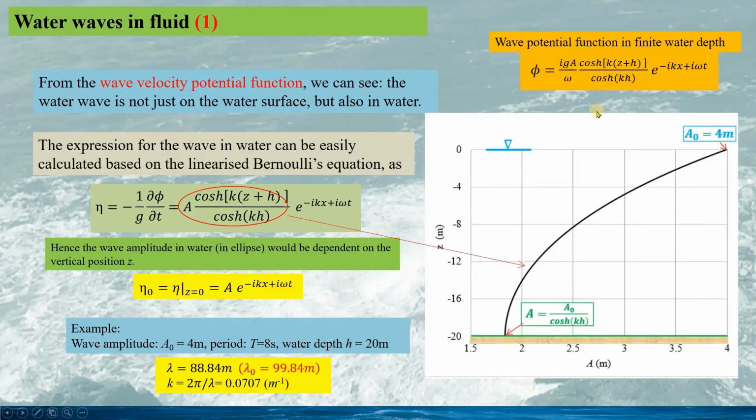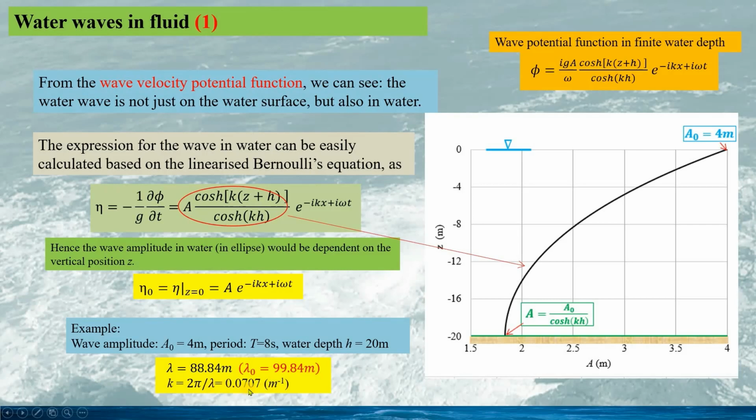Based on the dispersion relation, we can calculate the wavelength in such a water depth. It is 88.84 meters. For comparison, the wavelength in deep water, lambda 0, equals 99.84 meters, and the relevant wave number can be easily calculated as this.